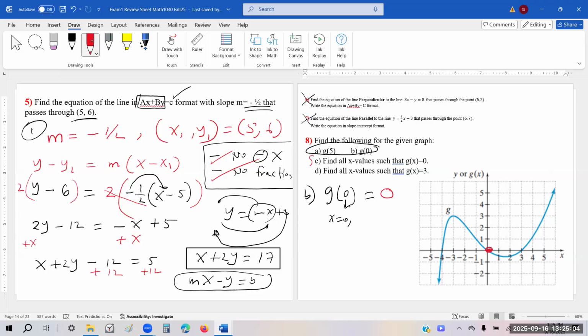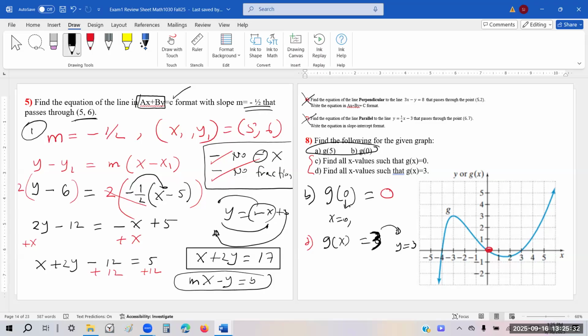Now one will be from C and D. Let's say D. This says find all the x, so the g of x is 3. What is this 3? X or y? Y. So y is 3.